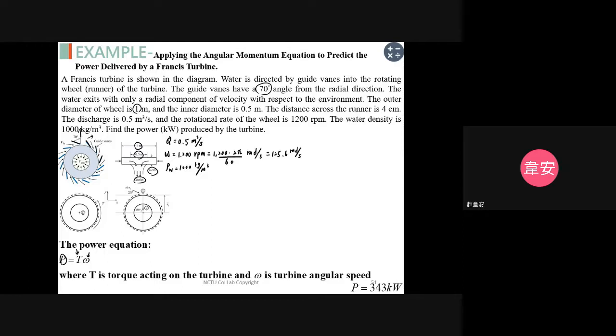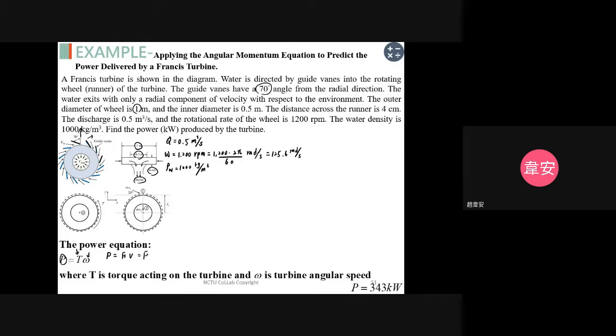If you didn't know why, we can follow this equation to compute the power, but if you remember, we can compute the power from the force multiplied by the velocity.